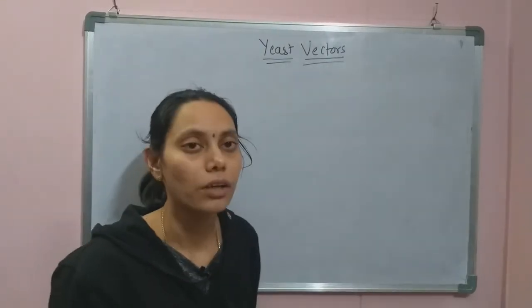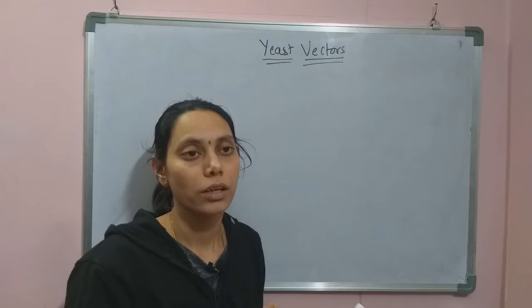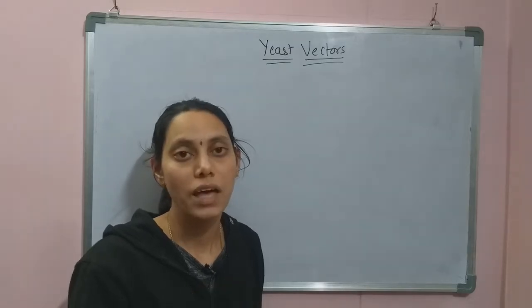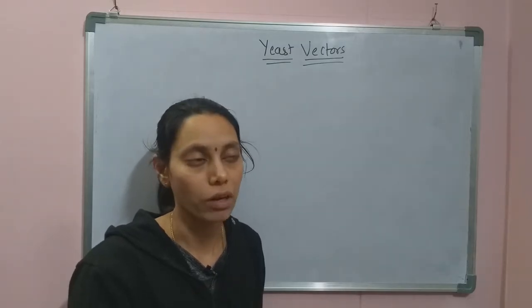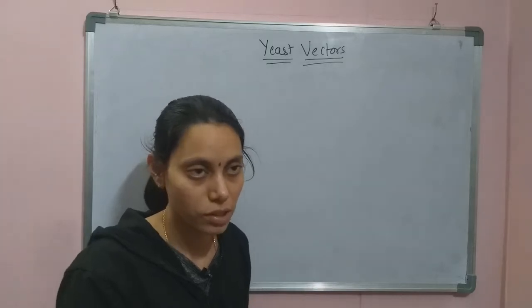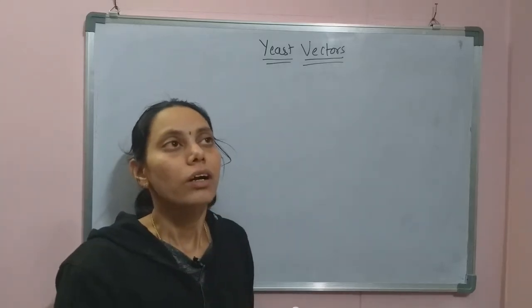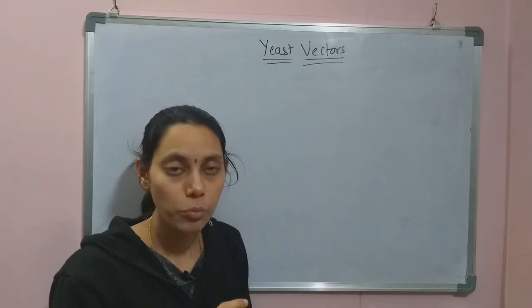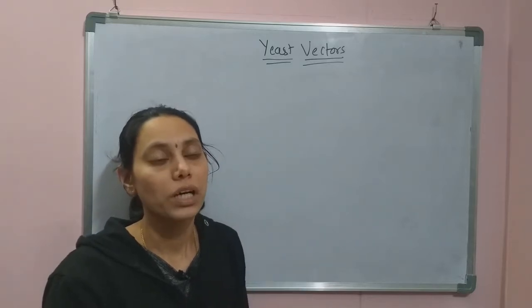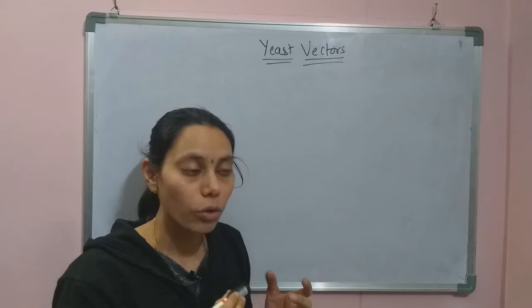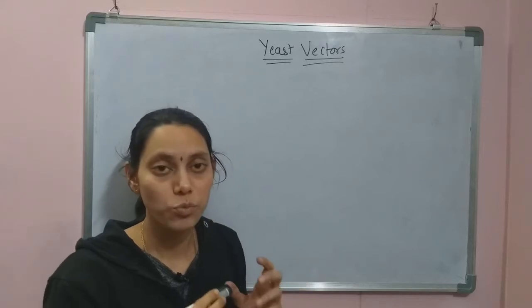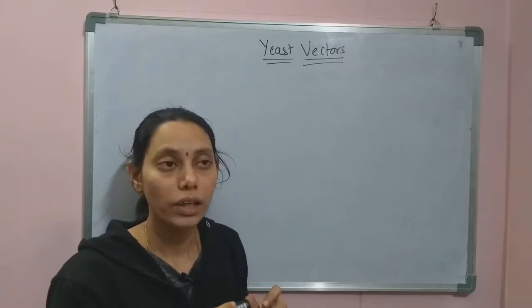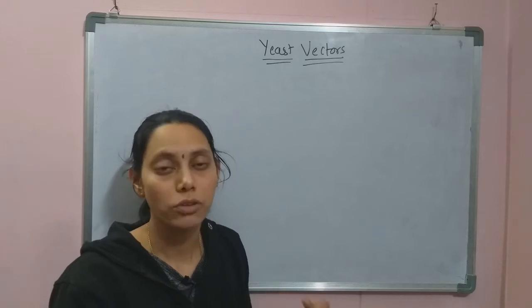There are many kinds of molecular vectors, and very popular examples are plasmids, cosmids, fosmids and so on. But all these examples are generally used to clone DNA inside prokaryotes like bacteria. But what if we want to clone some genes inside a eukaryotic system?